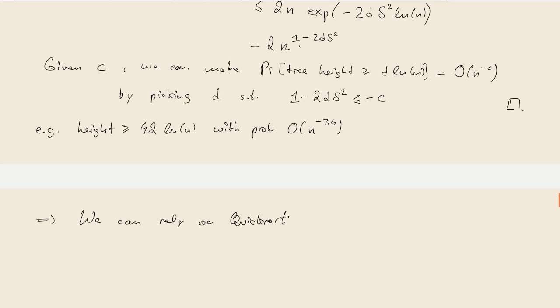We can rely on randomized Quicksort. That's a good point. Yeah, you should definitely do randomization. Unfortunately, I have to say that I don't know any programming library that actually uses randomized Quicksort. They all rely on luck or another trick. So it's a good point.